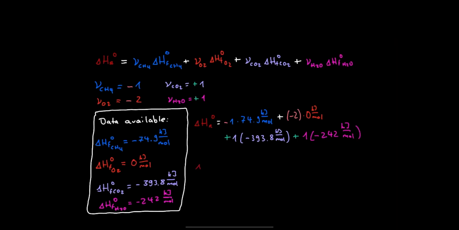The reaction enthalpy will result in -559 kilojoules per mole. The negative sign is telling us that we have an exothermic reaction. If we had a positive value here, it would have been considered an endothermic reaction.